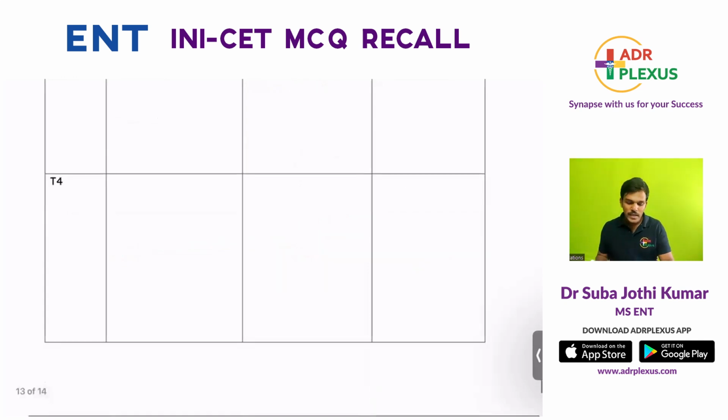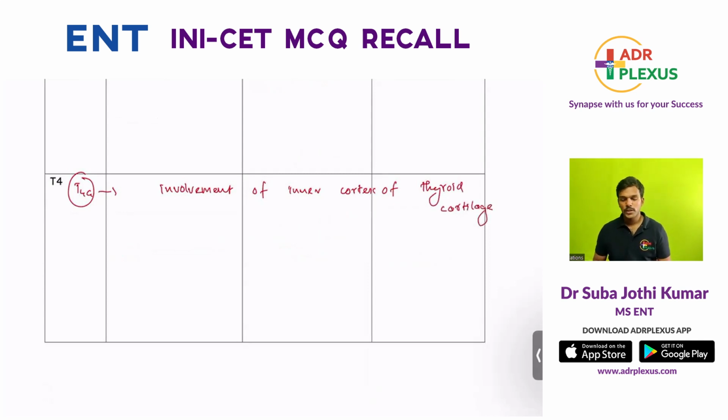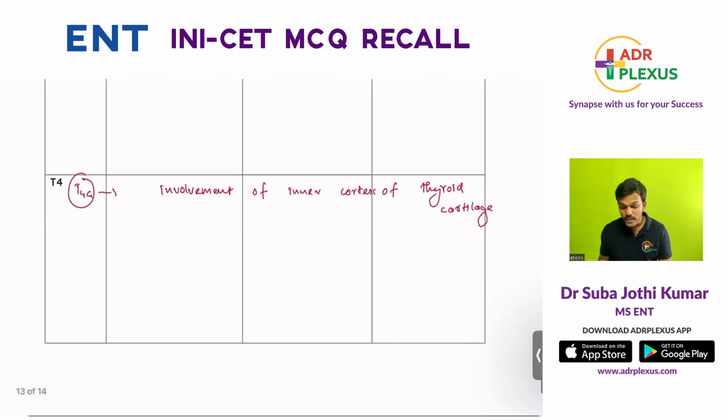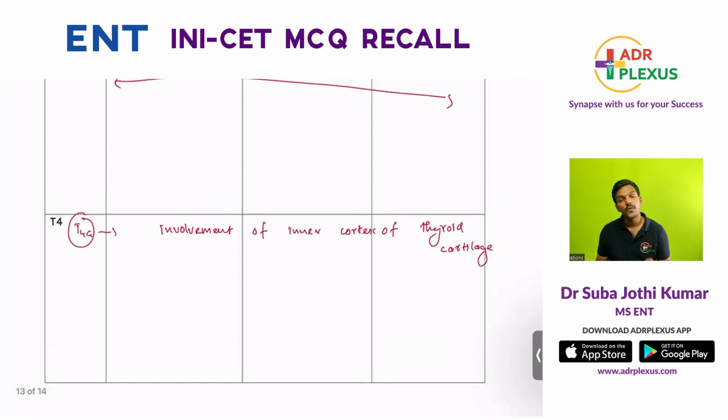The second important thing that you have to look upon is T4A. What is T4A? Involvement of the inner cortex of thyroid cartilage. So if this invasion is there, it is T4A.